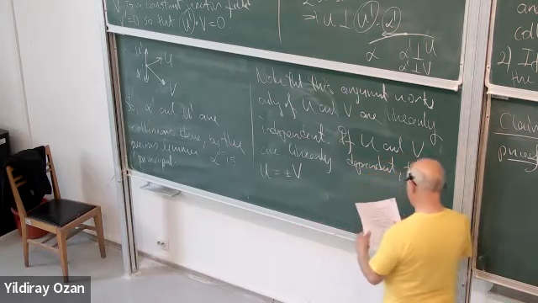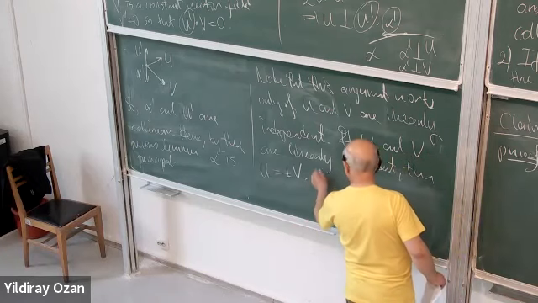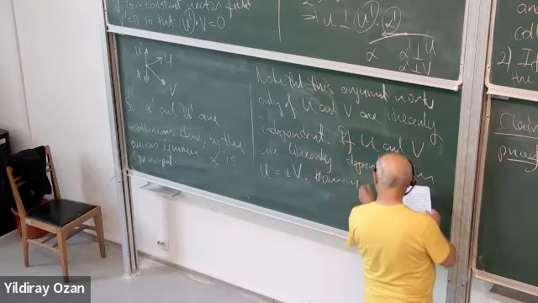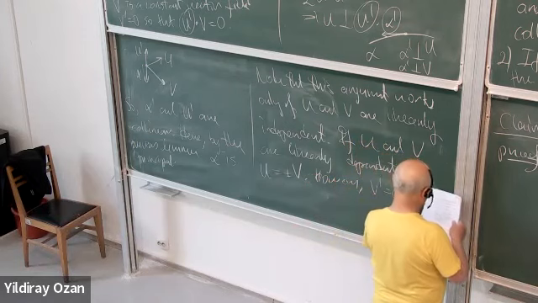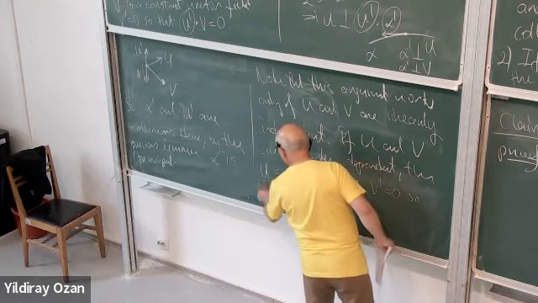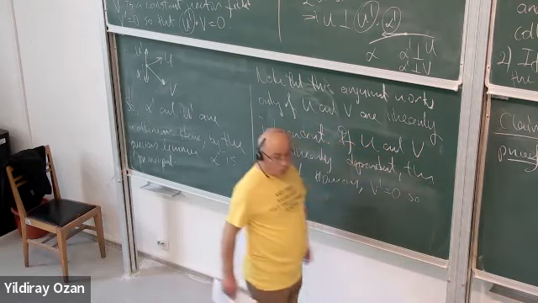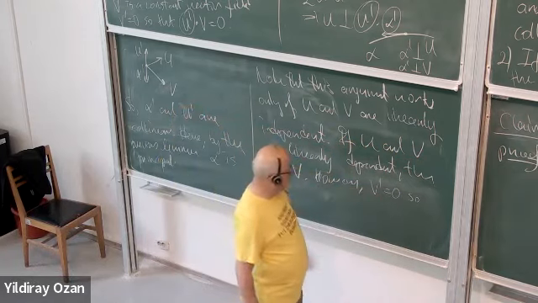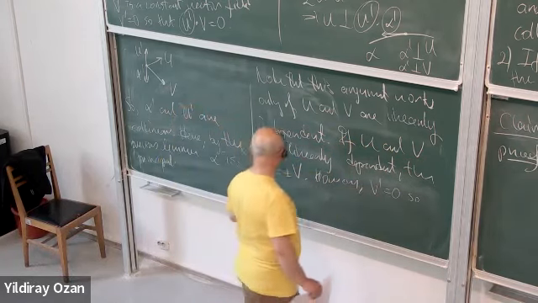But in this case, however, V prime is 0, so that this is the normal to the surface, and its derivative is 0 because it's a constant vector field.